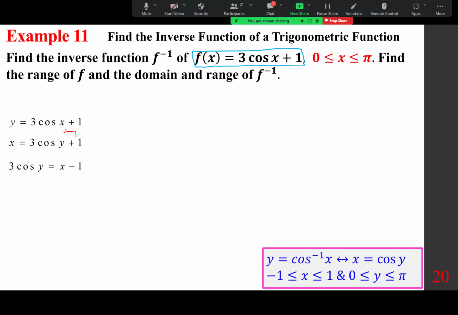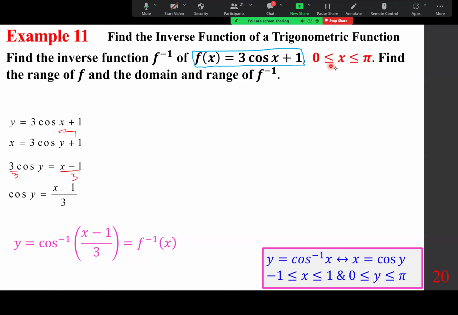Now divide by 3. By definition of an inverse function, y becomes cosine inverse of (x minus 1) over 3, which we call f inverse. We are done finding what we were looking for.